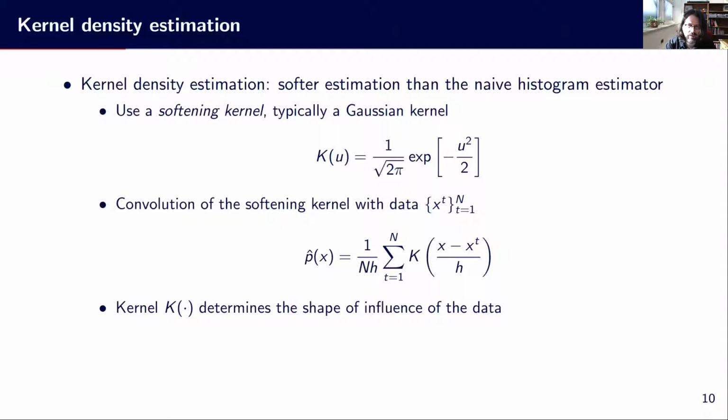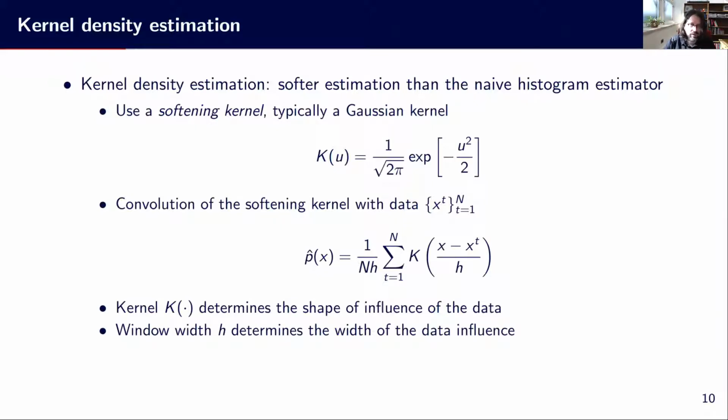But this kernel can be more or less wide, and this is parameterized by the h value, which allows us to get a kernel that is flatter and wider, or sharper and with a bigger peak centered on the x value.